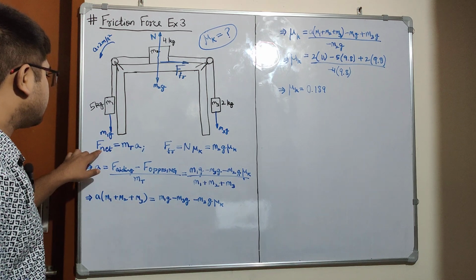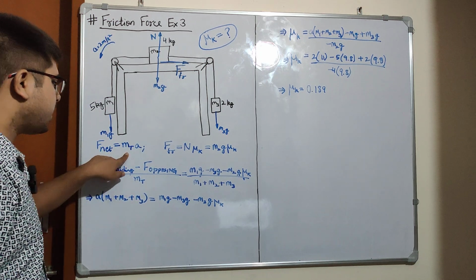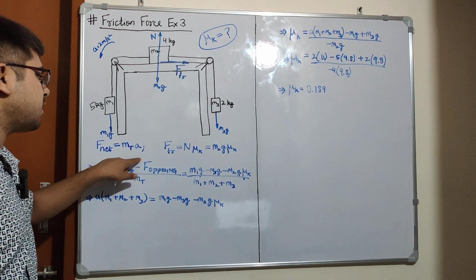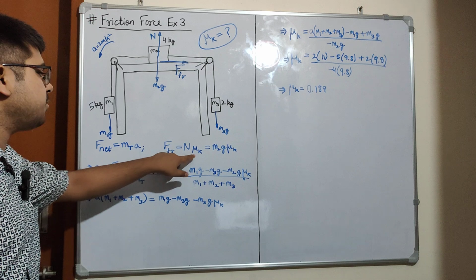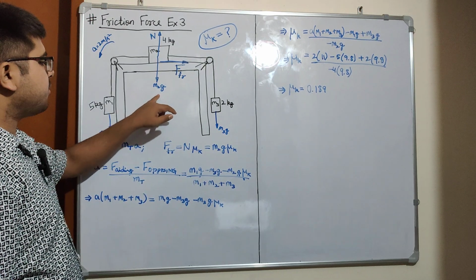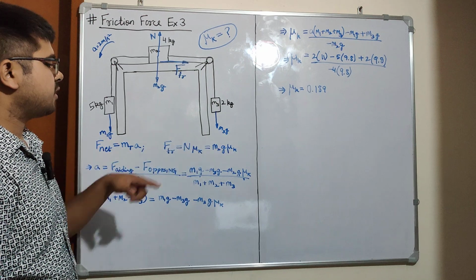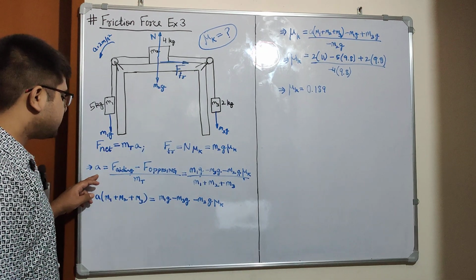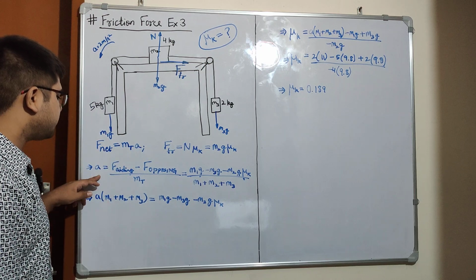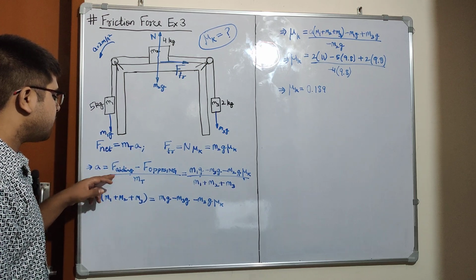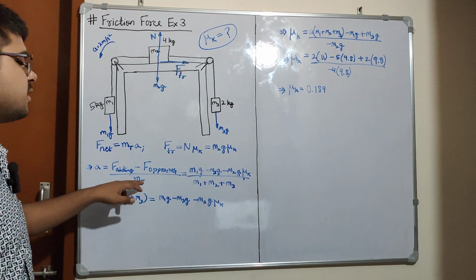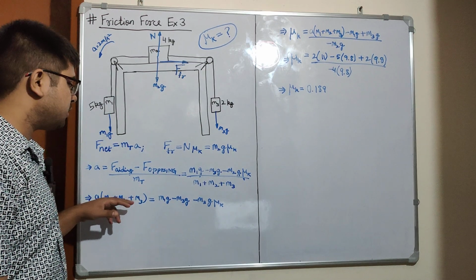Now we know that F net is equal to m total into acceleration, and frictional force is equal to N times μk, that will be m2g μk. Now acceleration is equal to, if we take acceleration on one side, F aiding minus F opposing over m total, as we had done earlier also in earlier videos. F net I have broken down into two, F aiding minus F opposing.